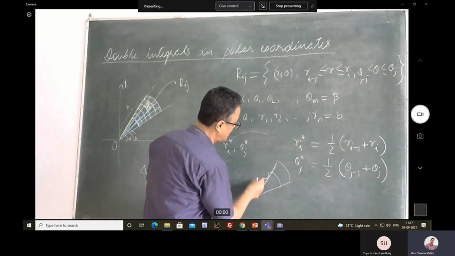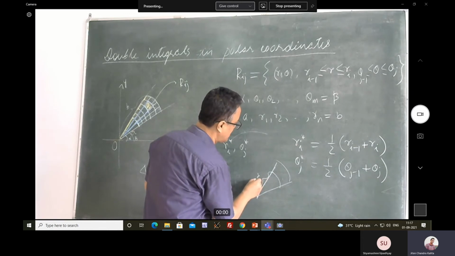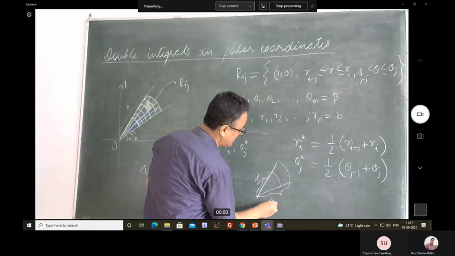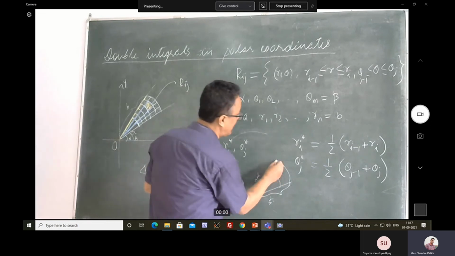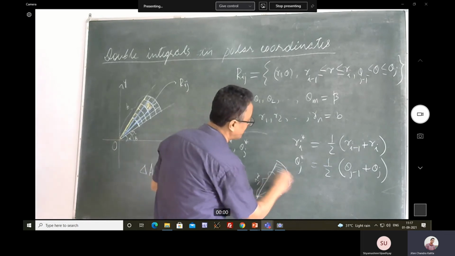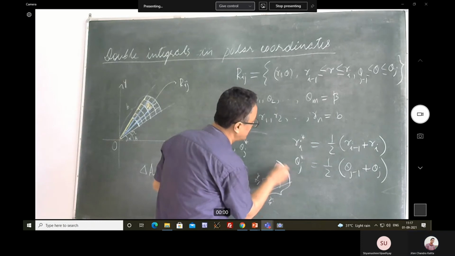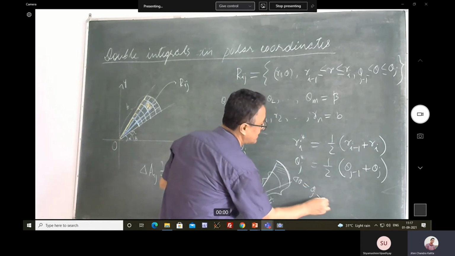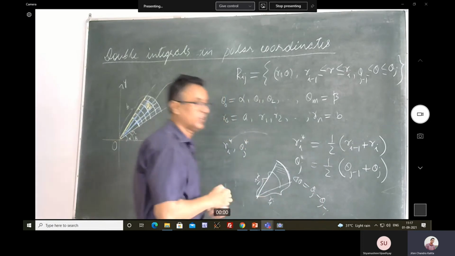So this is length ri minus 1. This length is ri, right? And this angle, this part, we may call it delta theta, this is nothing but theta j minus 1, right?